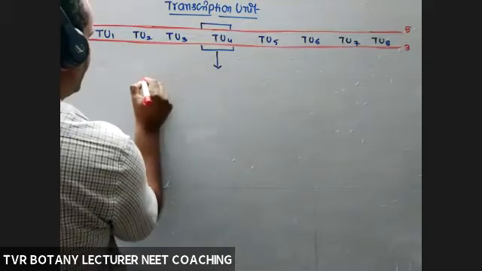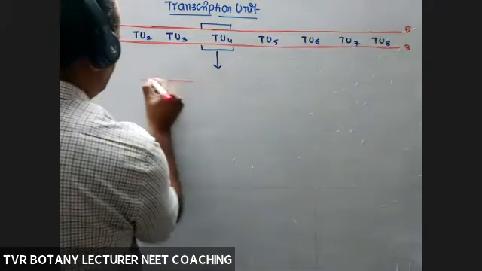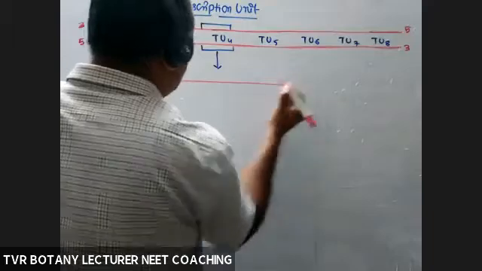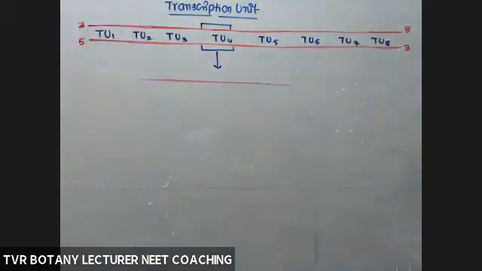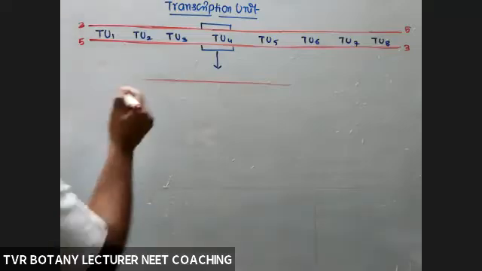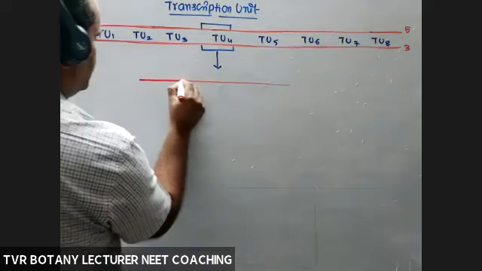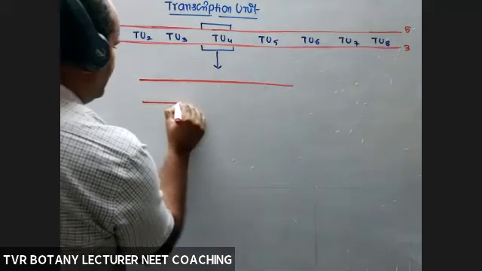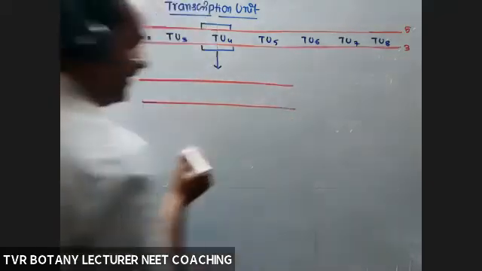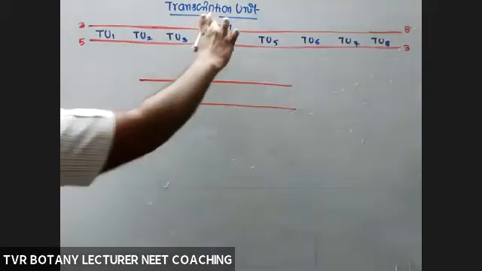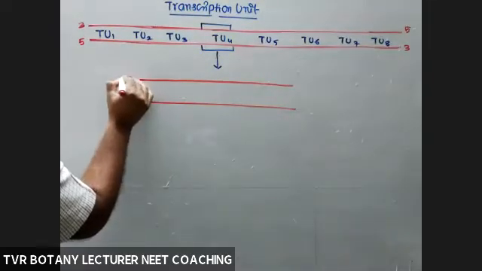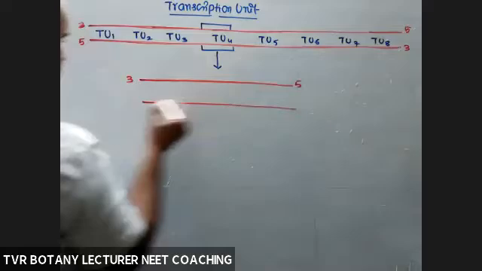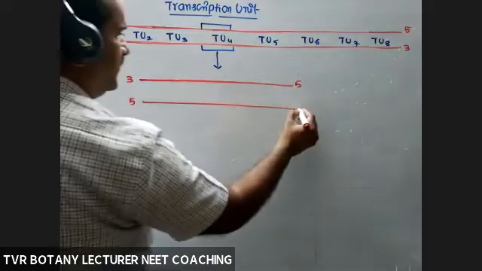So in the transcription unit, this is a demarcated area, an identified area. This part is magnified.